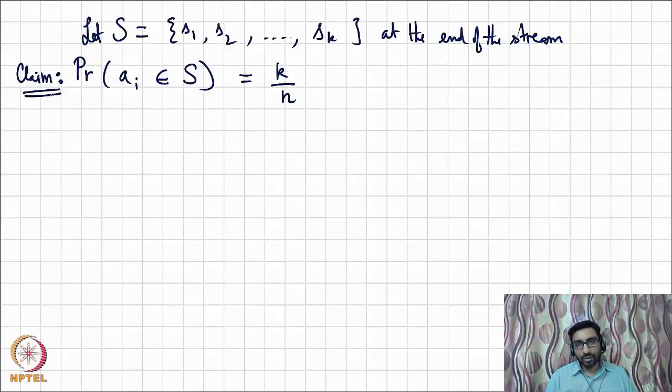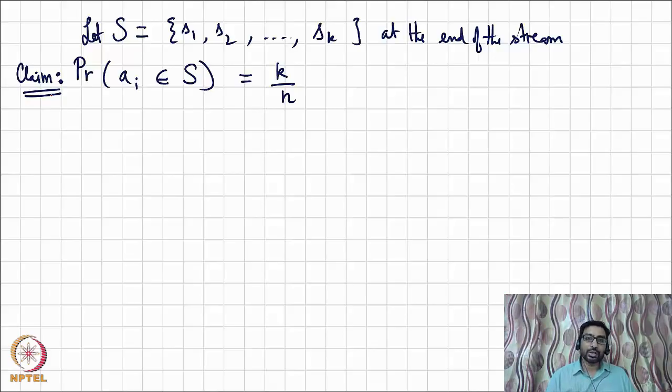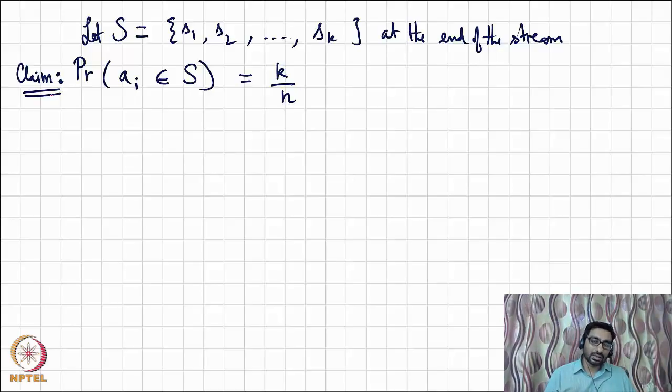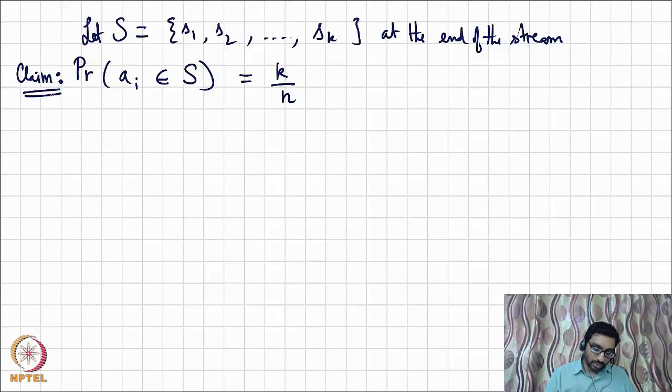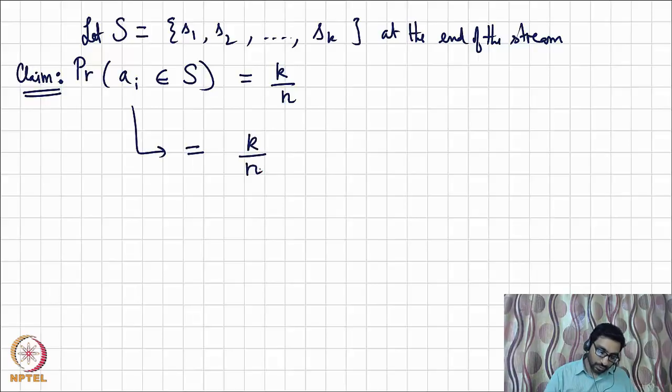More formally, let S be the set of items that we output as the samples, basically the contents of the memory cells when we reach the end of the stream. Now we need to show that the probability with which an item ai is in that set S is equal to k over n. So how do we show that? Well, first of all, the item ai must have been placed in one of the memory cells, and that happens with probability k over i.